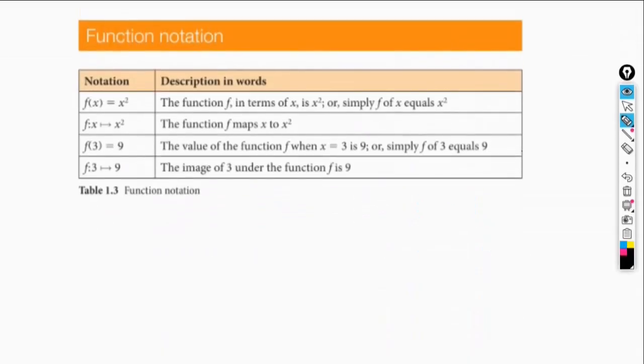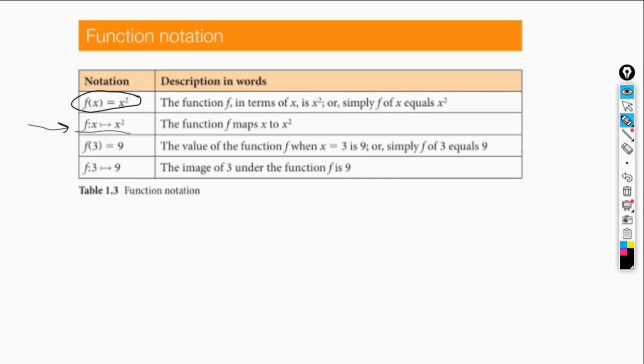In the next slide, you're going to see something called function notation. Basically, what we have here is two different ways in which the IB refers to functions. The first one you're probably already familiar with, where we have something like f of x equals x squared. You could say the function f in terms of x is x squared. The other is maybe a little bit novel, but it's the same thing.